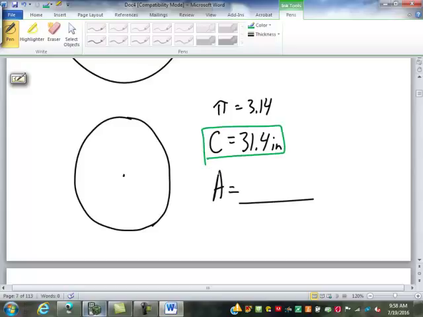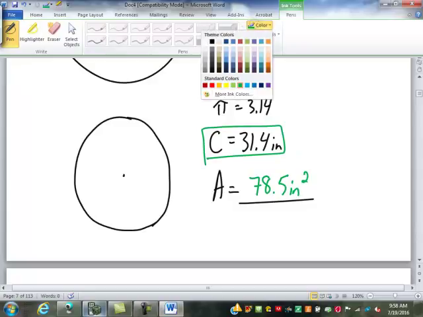Anybody get an answer for the area before I start? Not yet? 78.5 inches squared. Let's see how that works out.